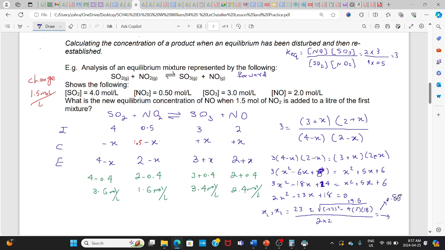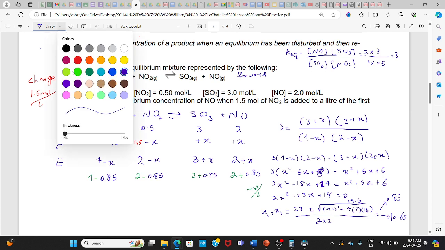0.85, and it's 23 plus 19.6 divided by 4, which is 10.65. I'm going to raise these values then. Okay, here is 0.85, 0.85, 0.85.